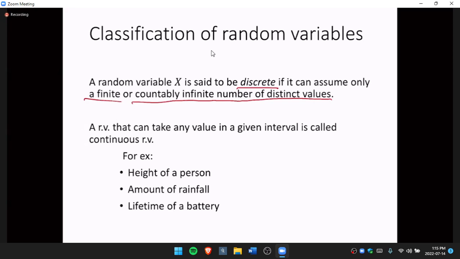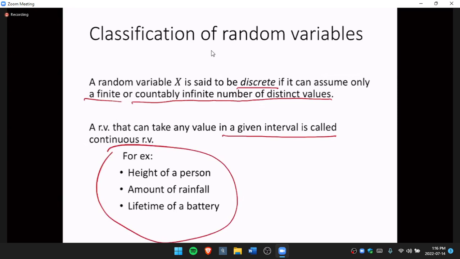Now, again, a random variable that can take any value in a given interval is called a continuous random variable. Which means it takes any value in a given range or interval. Here we discuss only quantitative variables, discrete and continuous.